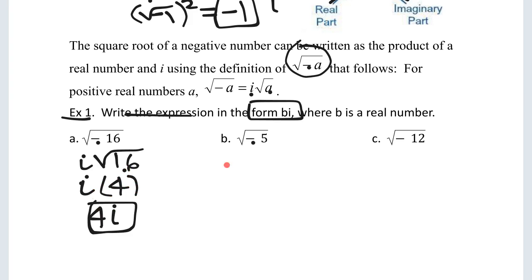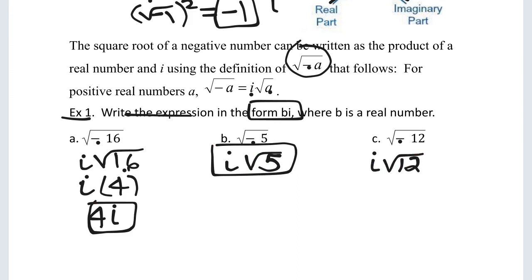In part B, we take the negative out as i, root 5. Keep it in this form. In part C, the negative becomes i, followed by root 12. We want to simplify the root without obtaining a decimal. So we break it down into 4 and 3, being that the square root of 4 is 2. So 2i root 3.